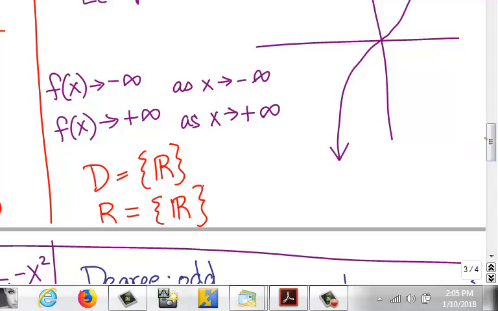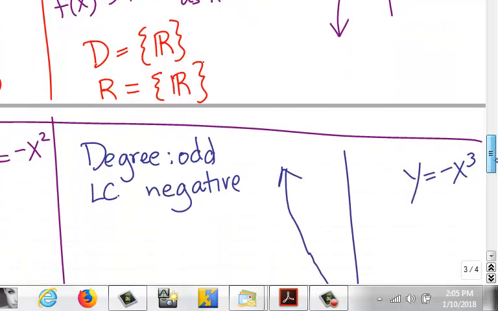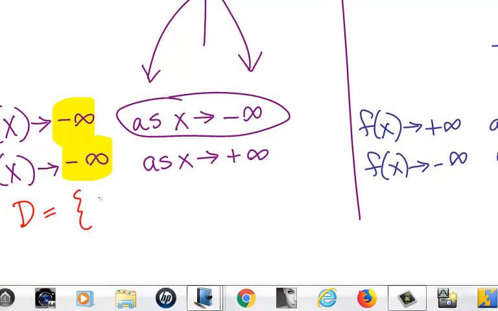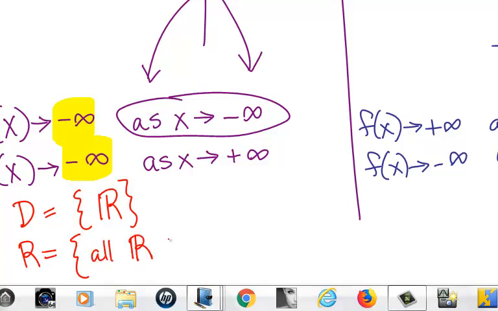Okay, then go on to degree even and the leading coefficient negative. Domain, all real numbers. We're not leaving out any x values. And from what we did up above, what would the range be? All reals less than or equal to the maximum y value.